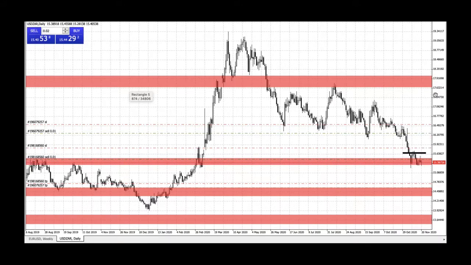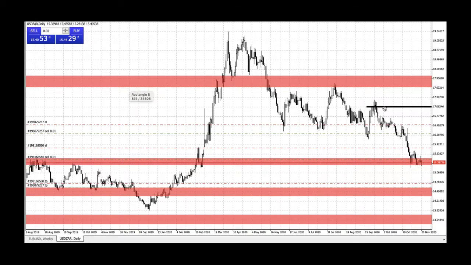17.63124, or it may move just up to this level where it will be just retesting probably the neckline, or here where it will be retesting the shoulder line of the head and shoulder pattern before coming all the way down again.